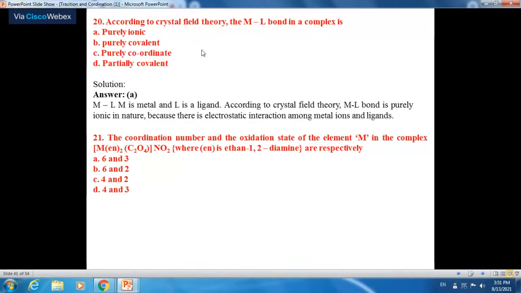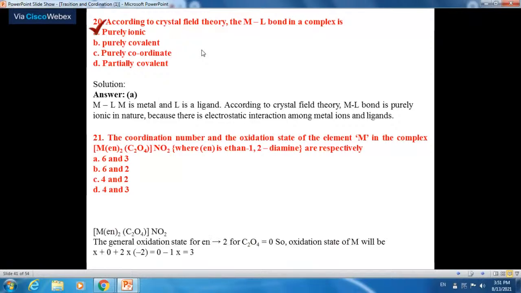Let's see. Here the oxidation state for ethylenediamine is 0, and it is taken twice. So the oxidation of M will be x plus 0, plus 2 oxalato. See, oxalato is a bidentate ligand, right? Two are there.